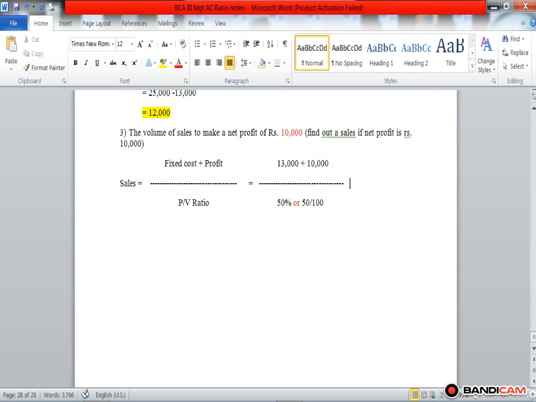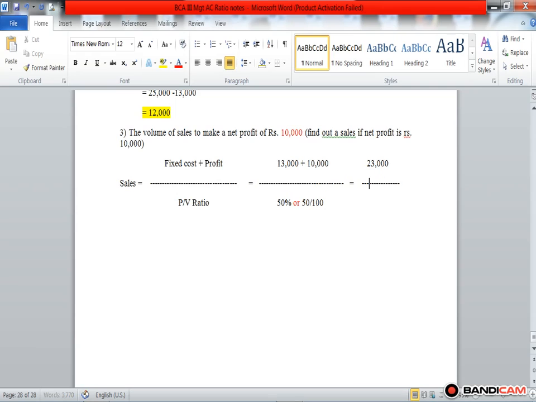So 13 plus 10 is equal to 23,000 divided by 50% or 50 upon 100. The answer is the same, there is no change in the answer.